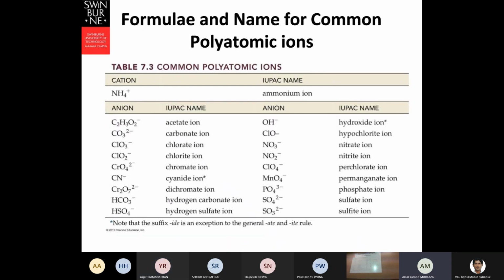And the names of the common ions. Most of these we will be using later on, and it will be good if you can remember some of them. I'm not asking you to remember all of them, though of course if you can, it's better. But at least some of them: ammonium ion, acetate ion, carbonate, chlorate, chloride, cyanide, and so on.